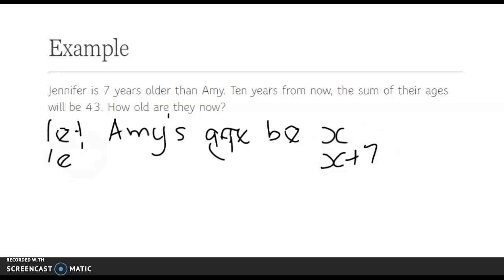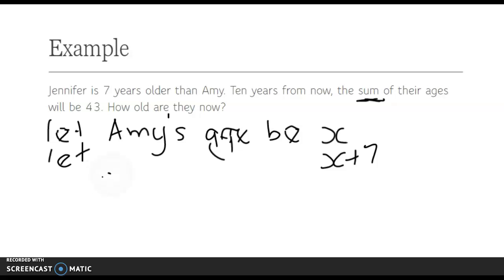So again, we're making a substitution. We're letting one of their ages be X. Now let's go back to the question. It says 10 years from now, the sum, that means adding up, of their ages will be 43. How old are they now? All right, we can make an equation out of that second sentence. 10 years from now means that they're both going to be 10 years older.